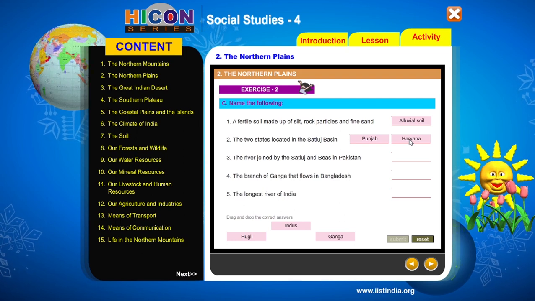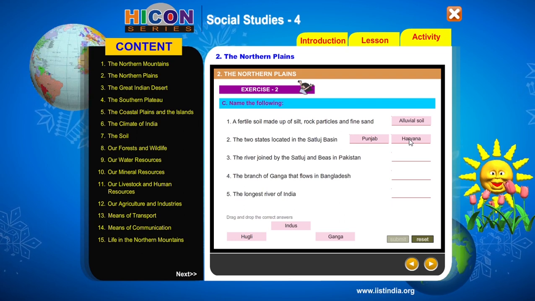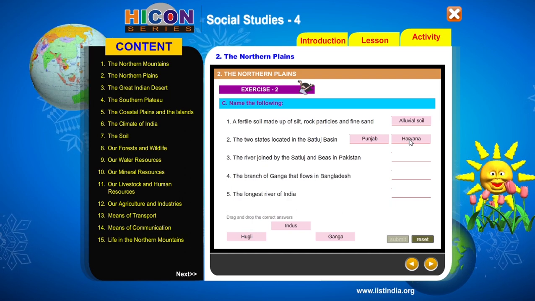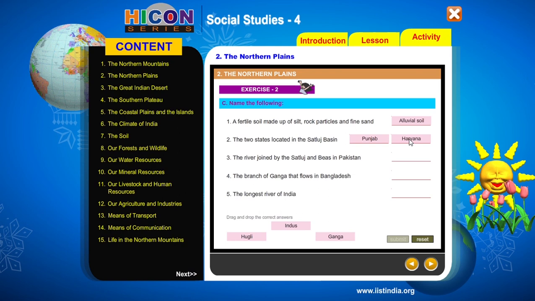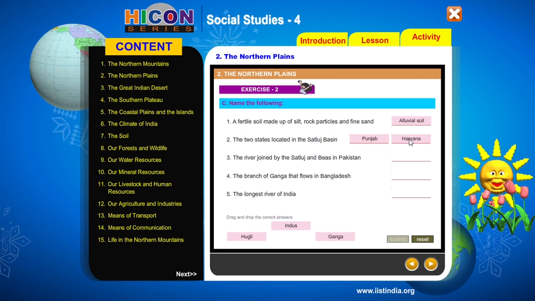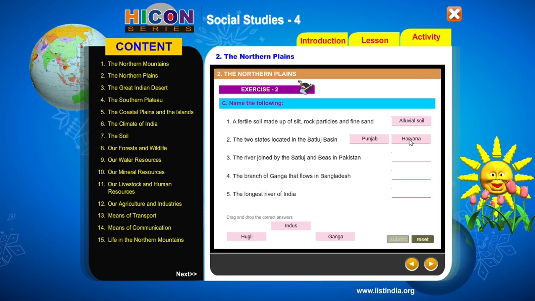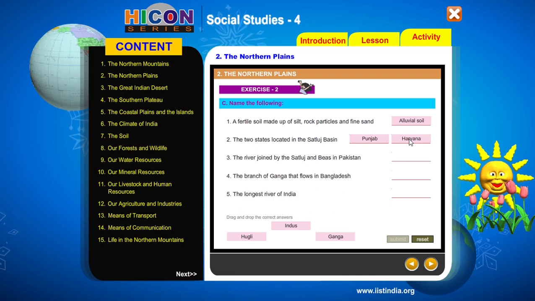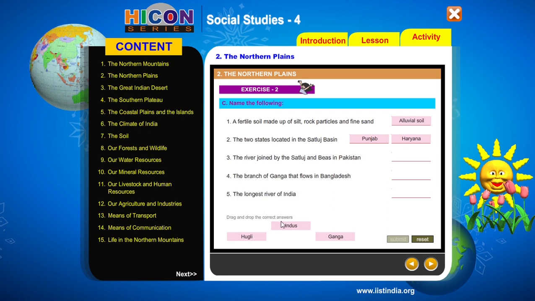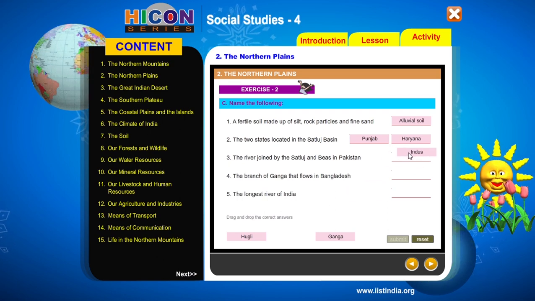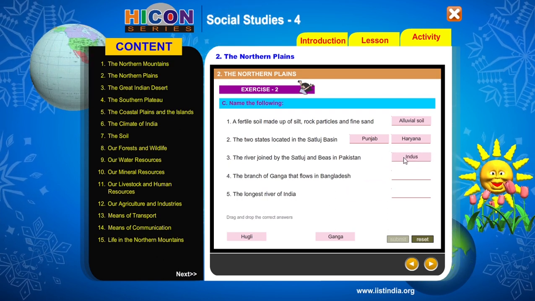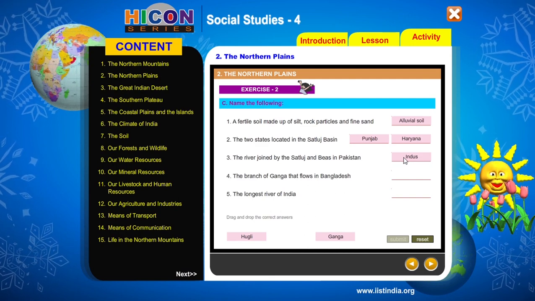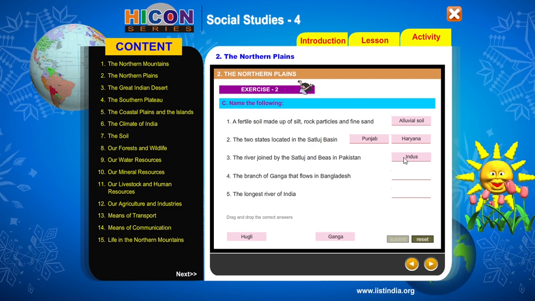The river joined by Satluj and Beas in Pakistan. We have seen that also. The rivers like Satluj and Beas originate from the Himalayas, flow through India, cross the Indian border, reach the other side in Pakistan, and join which river there? Another Himalayan river named Indus, isn't it? Yes. So Satluj and Beas flow through India, across the border, and join river Indus in Pakistan.